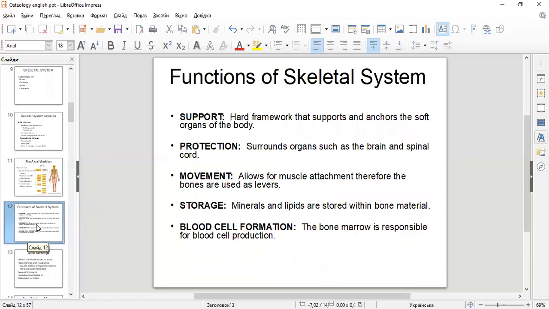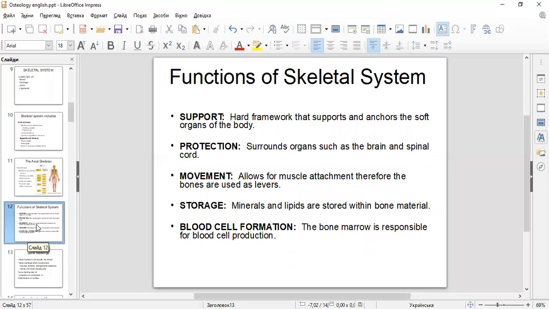Functions of the skeletal system. Support: a hard framework that supports and anchors the soft organs of the body. Protection: surrounds organs such as the brain and spinal cord.